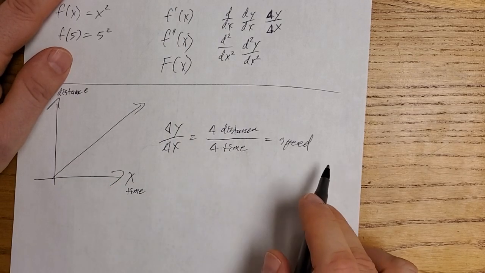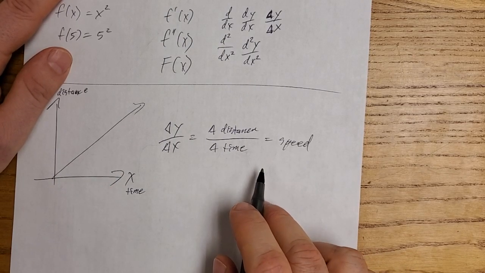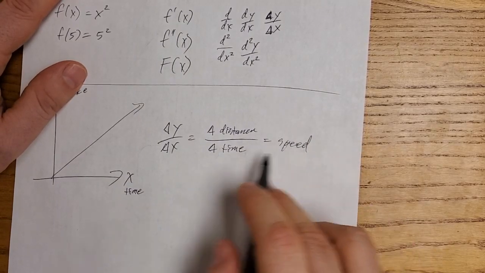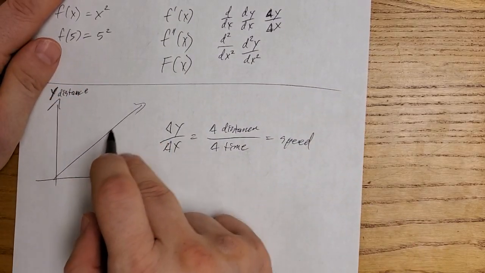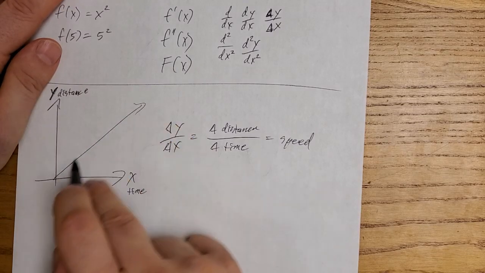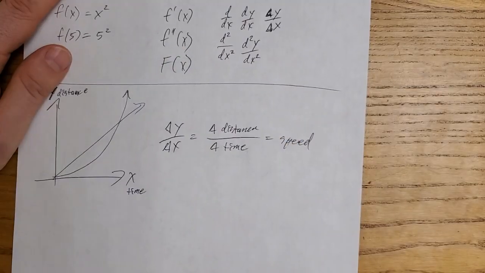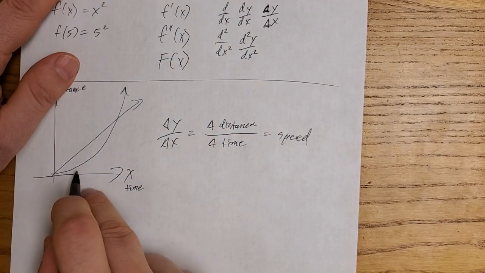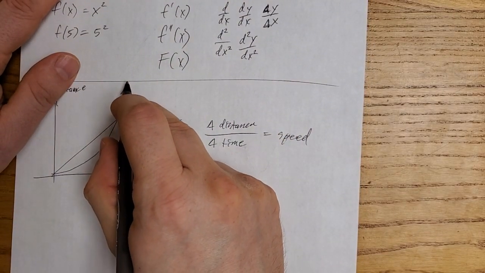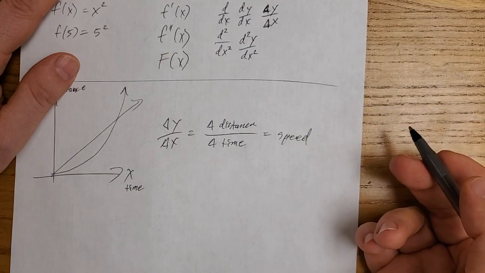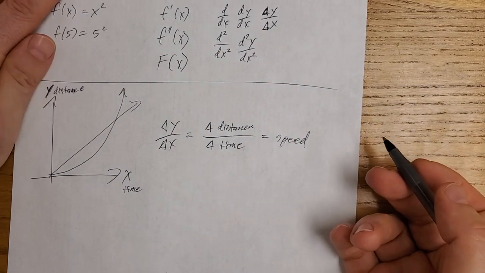And then if we were to do the second derivative, now we're thinking about, is the speed changing? Is the slope, like for this one, it's a constant slope, right? But if it was something more like that, the speed is not constant, the speed is increasing. How fast is the speed increasing? That's the second derivative, and that's acceleration.